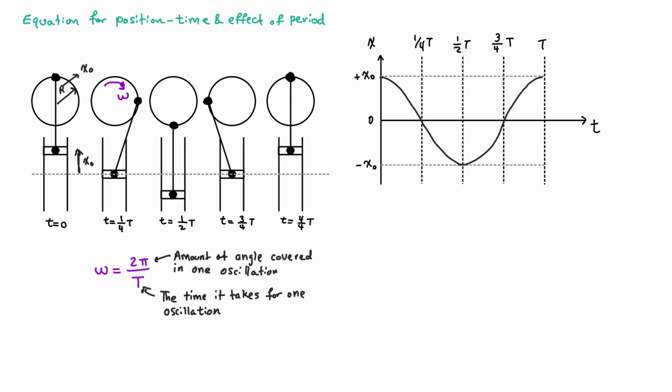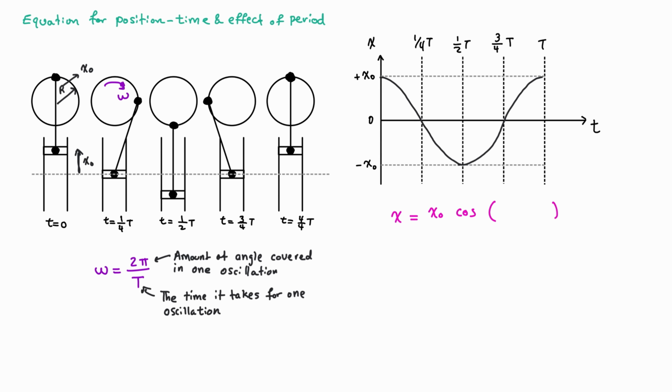Now that we know what angular speed is, let's try to come up with an equation for this graph. We know that this is some sort of sinusoidal graph. We know that the starting position here is the amplitude, so that would be a cosine graph. So my equation starts off by saying my displacement is going to equal my amplitude multiplied by cosine of some sort of angle. And we've got to figure out what goes in this bracket.